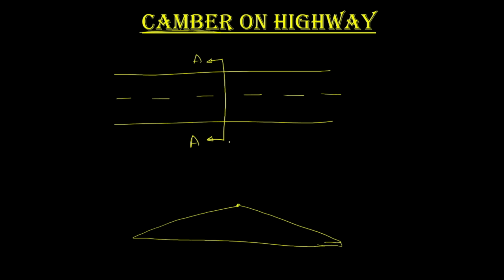So this is representing the center line here, and this representing here, and this representing here. If I give the names, this is our point 1 here, this is point 3, this is point 2.